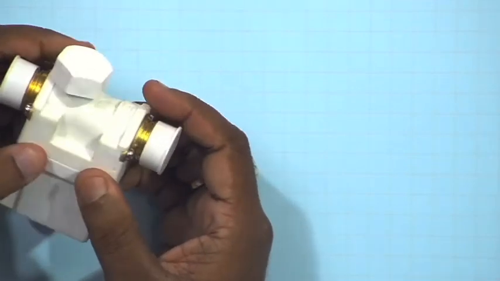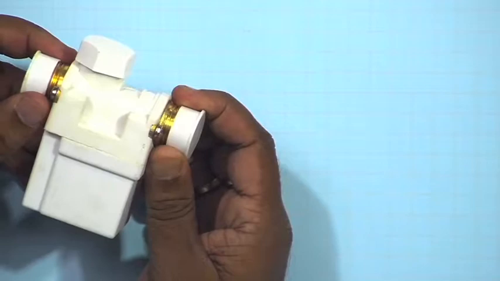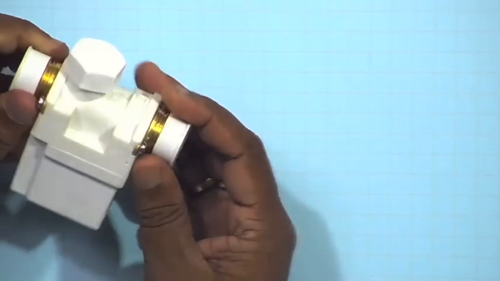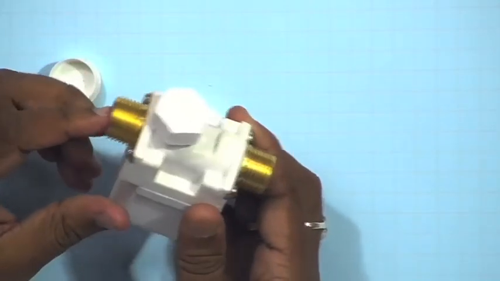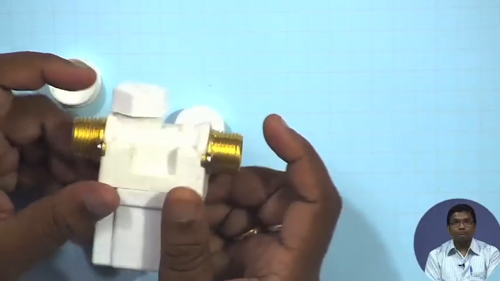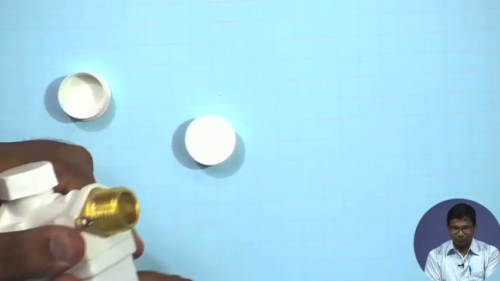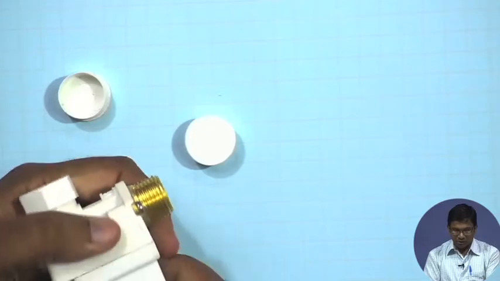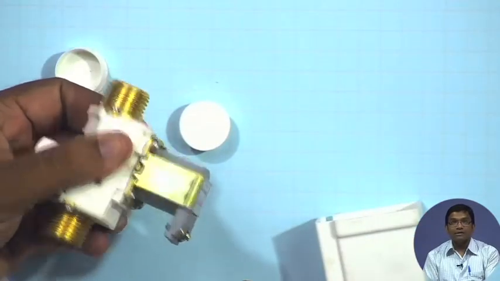There is another one which is the solenoid valve, and this basically can help in controlling the flow of liquid. So, you have an input, you have an output, and this solenoid valve, if we open it, what we can see over here is what is inside.